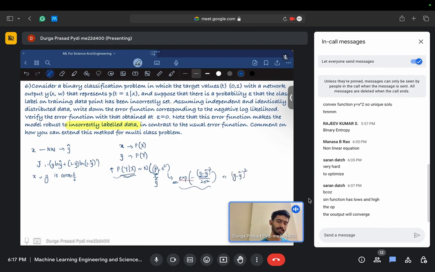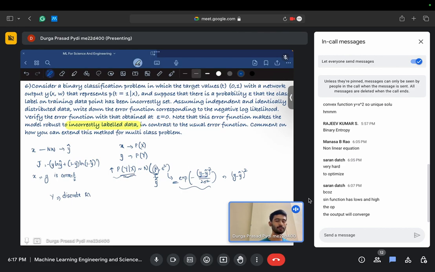Now if we apply the same logic to a classification problem, what is the probability for y? Previously it was a continuous distribution, so you were able to use a Gaussian. But now y is a discrete random variable, so I cannot use Gaussian directly.